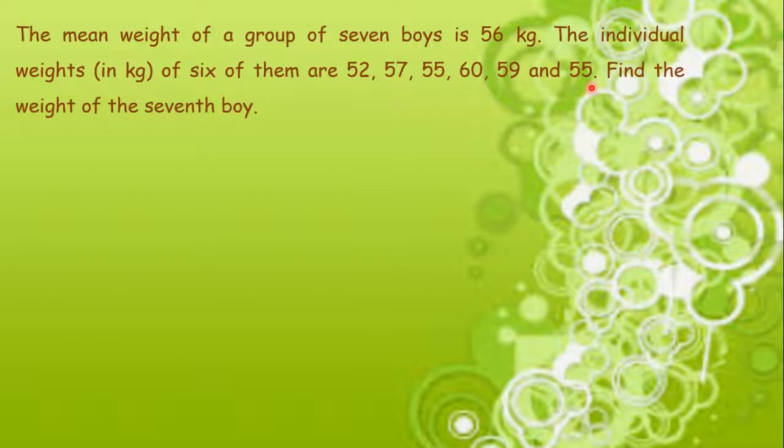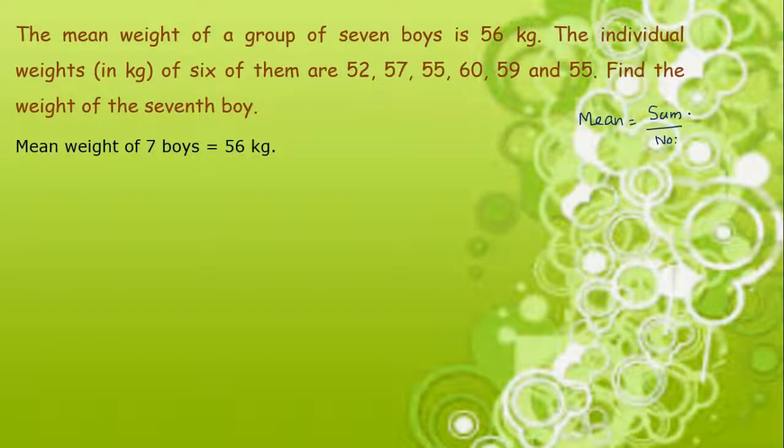Let us start from the given things. Mean weight of 7 boys equal to 56 kg. As we know, mean equals sum of the observations by total number of observations.